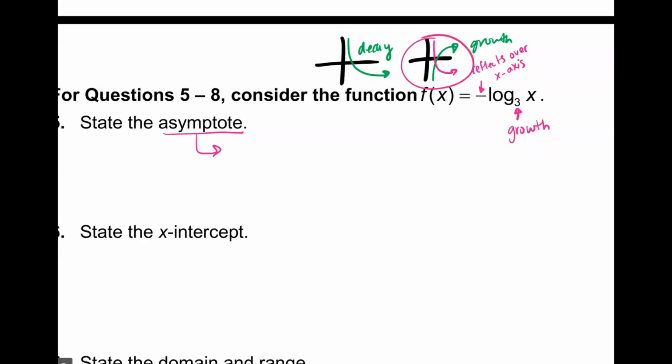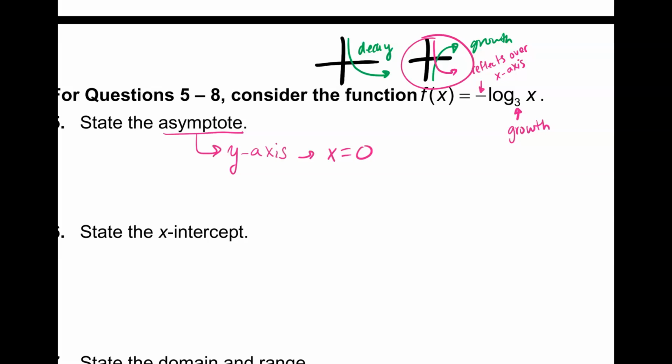If we want the asymptote, for logarithms, where is the asymptote normally located? Shane, do you know? Where is the asymptote normally located for a log function? Exactly, the y-axis, which is x equals 0. So question, Andrew G, do we have a shift in our asymptote?